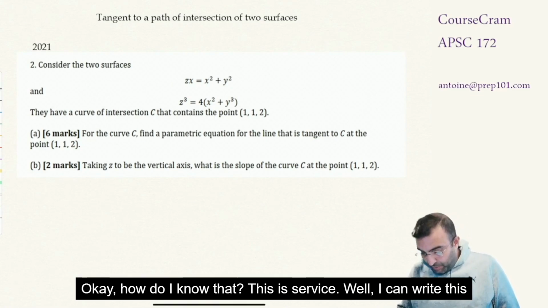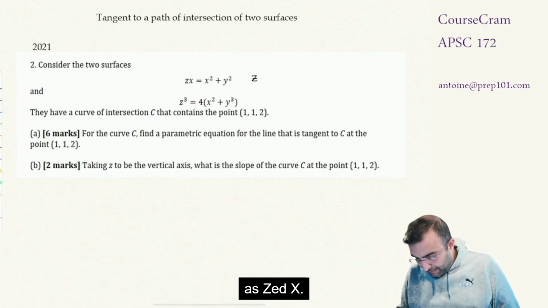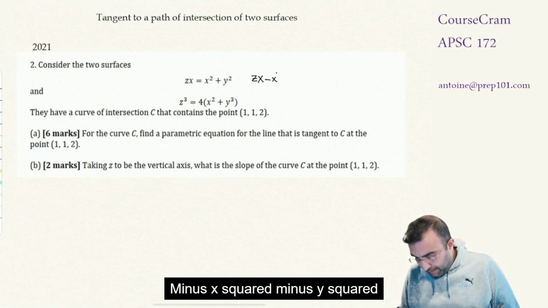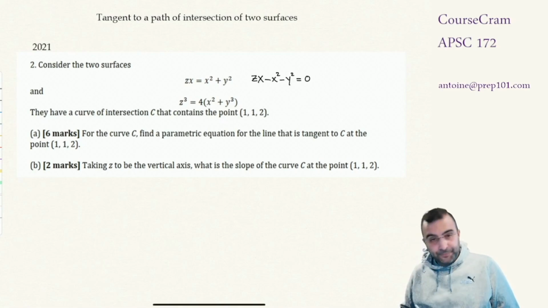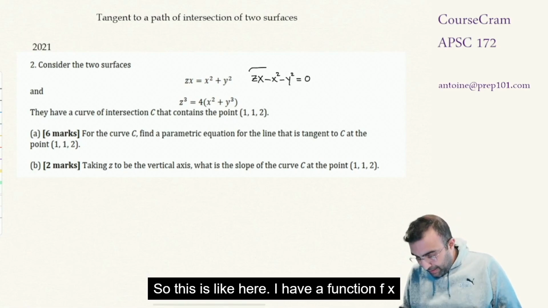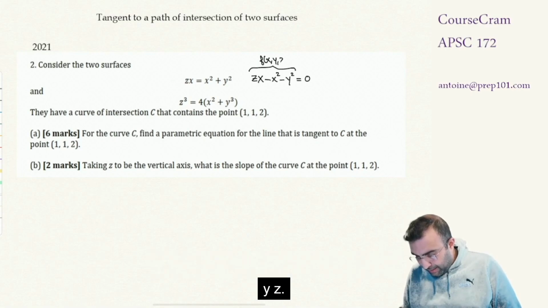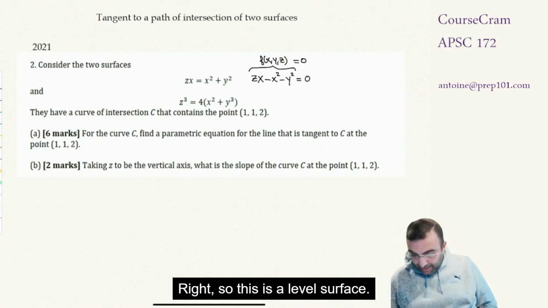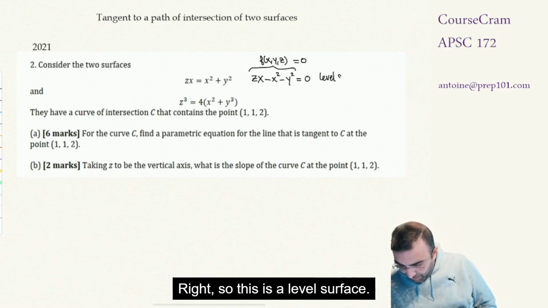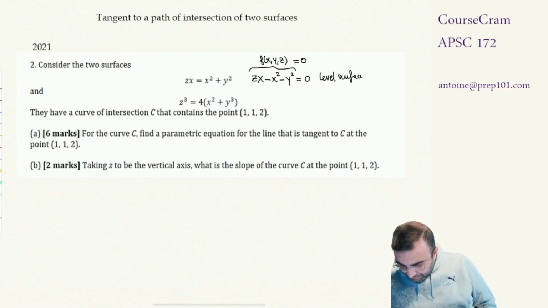Well, I can write this as zx minus x squared minus y squared equals 0. So here I have a function f(x,y,z) equals 0, which is a level surface of f.